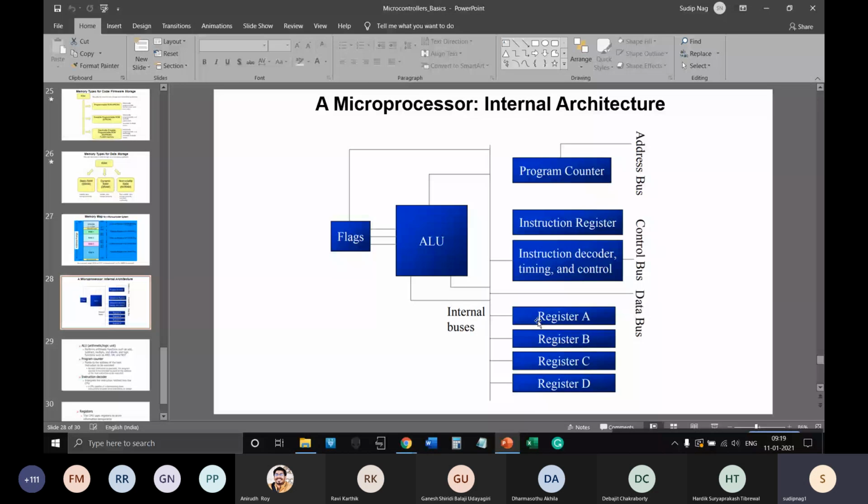In certain microcontrollers, not in 8051, but in certain other microcontrollers, they don't even call these registers, they always call them SRAM memories. So it is a type of SRAM only. There is no difference as such, but it is small in number and easily accessible by the microprocessor.